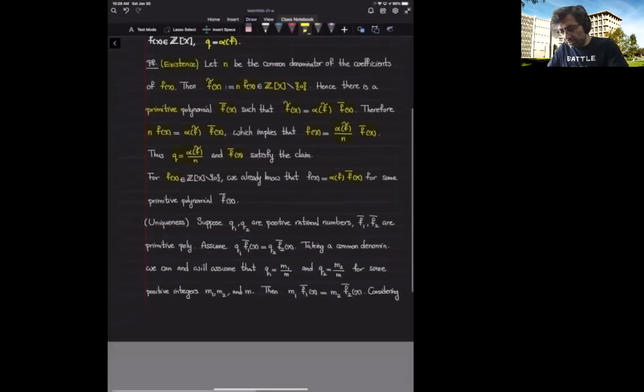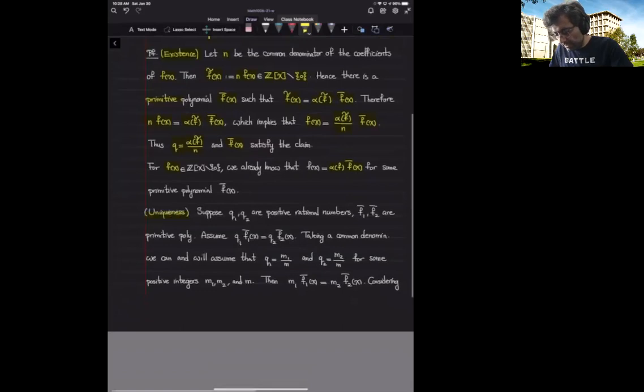Now I want to show the uniqueness part. Meaning, if I manage to find two positive rational numbers, Q1 and Q2, and two primitive polynomials, F1 bar and F2 bar, and I happen to know that Q1 times F1 bar is the same as Q2 times F2 bar, then I should deduce that Q1 is Q2 and F1 bar is F2 bar.